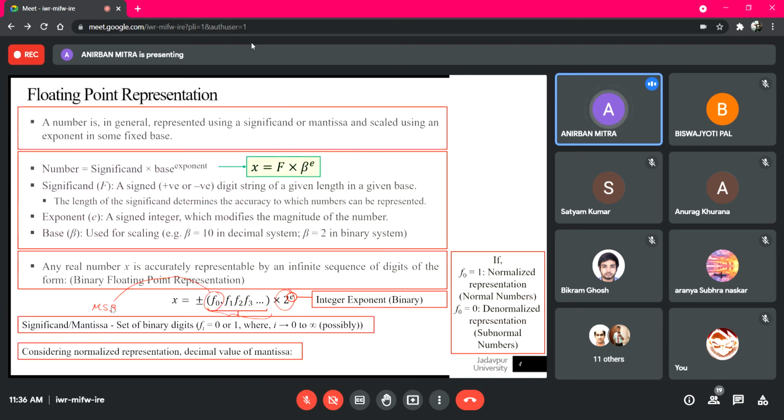So considering normalized representation and F0 as 1, the decimal value of this mantissa is, of course, 1 plus F1 by 2 plus F2 by 2 to the power 2 plus F3 by 2 to the power 3. Like that it will continue, possibly up to infinity.